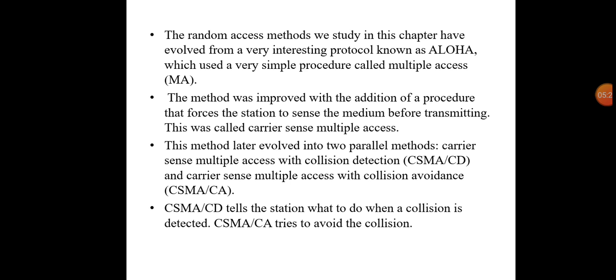This was called carrier sense multiple access, CSMA. This method later evolved into two parallel methods: carrier sense multiple access with collision detection and carrier sense multiple access with collision avoidance. CSMA/CD tells the station what to do when a collision is detected. CSMA/CA tries to avoid the collision.